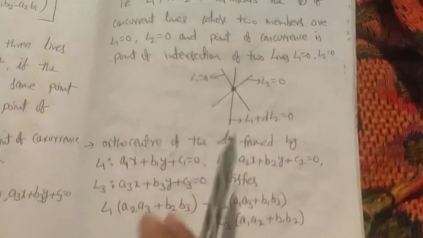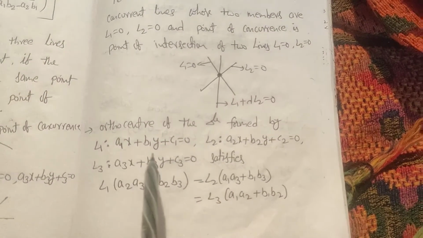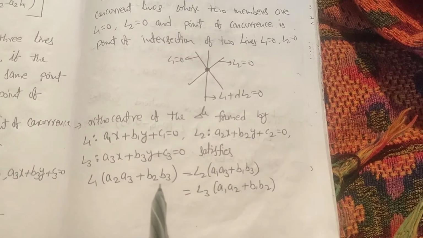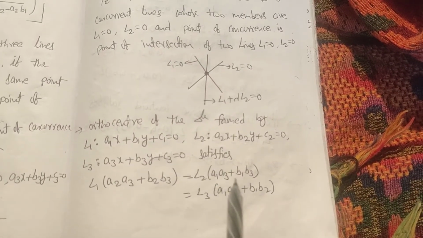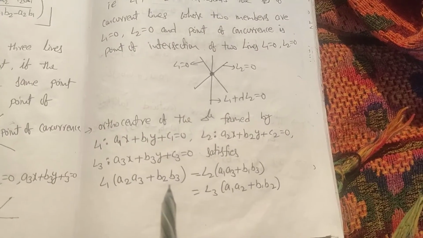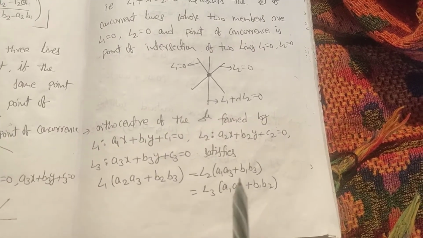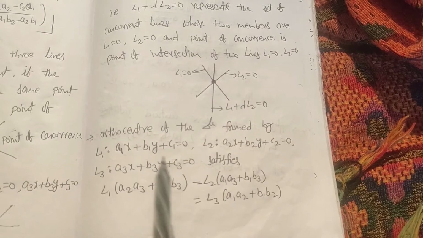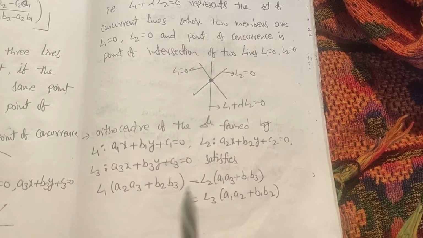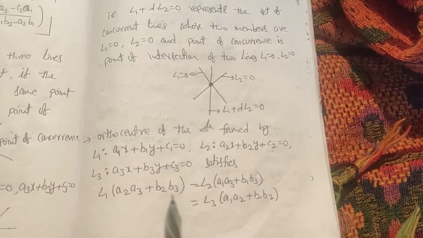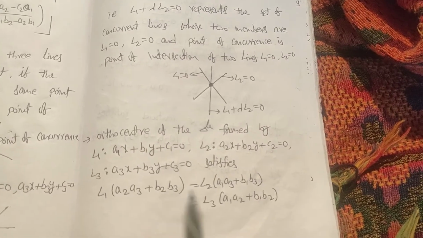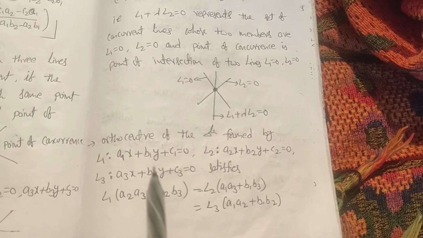This is the note. The orthocenter of the triangle formed by L1, L2, L3 satisfies L1 into A2 A3 plus B2 B3 is equal to L2 into A1 A3 plus B1 B3 is equal to L3 into A1 A2 plus B1 B2. Here A1, A2, A3, B1, B2, B3 are all constants, and L1, L2, L3 are the lines. If we expand this, we get a relation in terms of x comma y only.